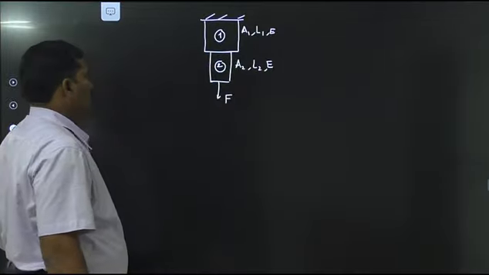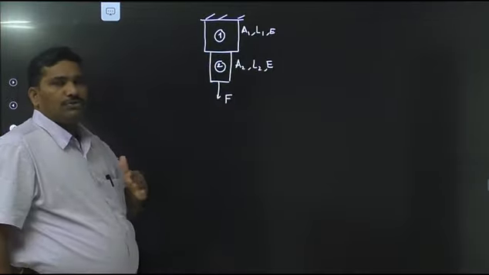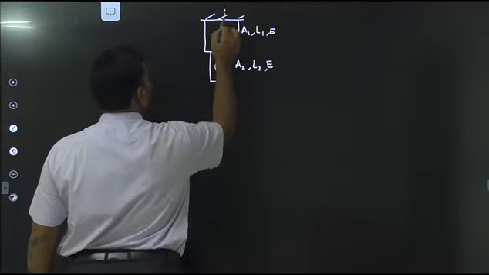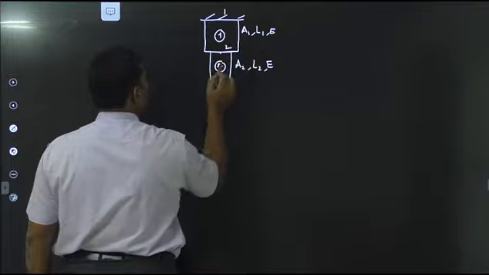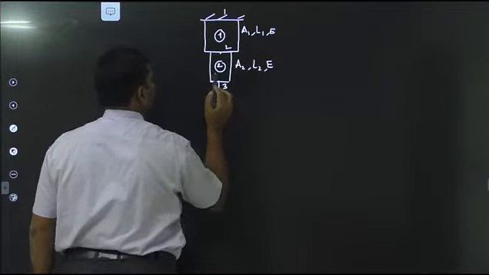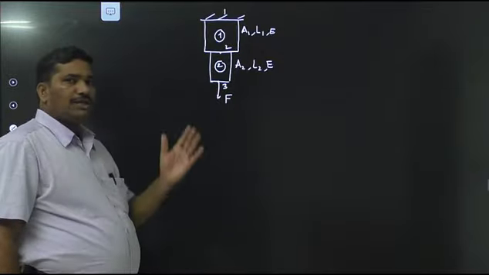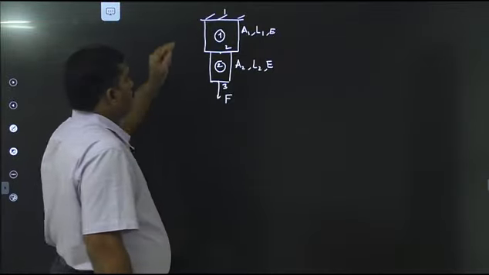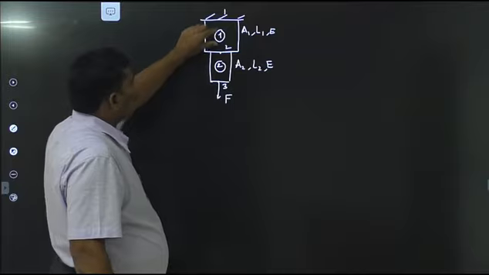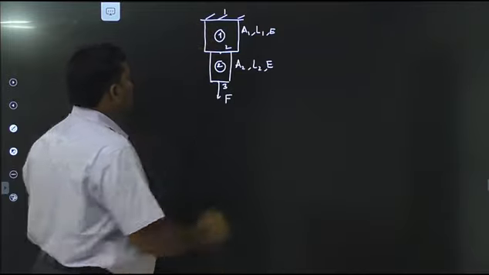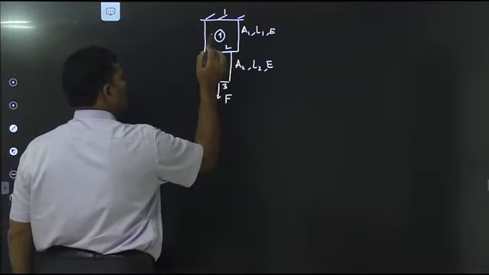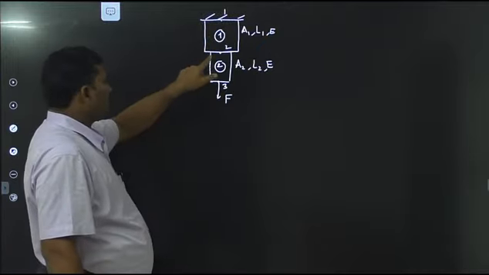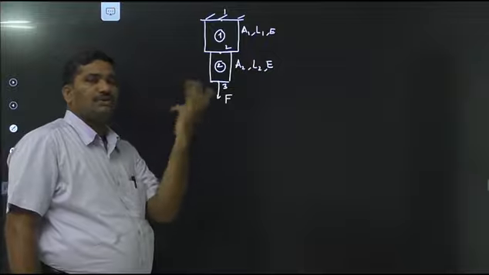Now, if you give node numbering, this is the first node, this is the second node, and this is the third node. Now, the element connectivity information: node 1 is the first node of the first element, node 2 is the second node of the first element.